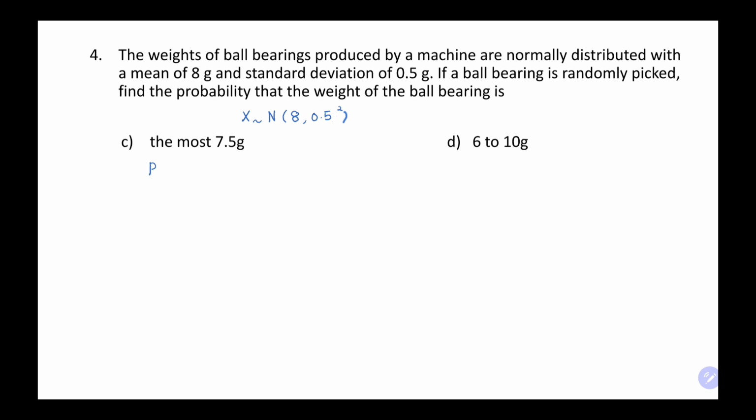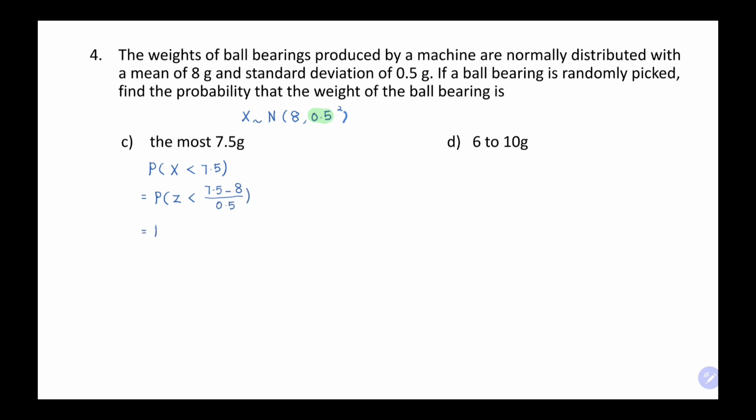So next question, C, at most 7.5 gram. So the question asks to find X less than 7.5. At most means less than. Then we convert to Z, standardize, X minus the mean, divide by the standard deviation.